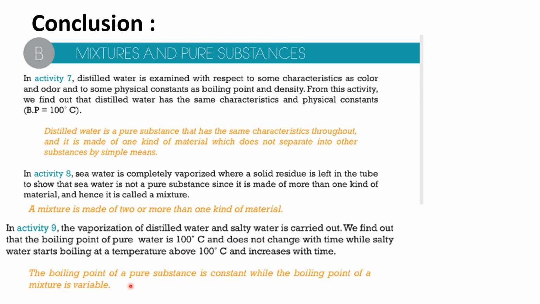The boiling point of a pure substance is constant, while the boiling point of a mixture is variable. So, pure substance is made up of one kind of material. It has a constant physical properties and it has the same characteristics, while a mixture is made up of two or more materials. This mixture has different characteristics that are not constant and they change.